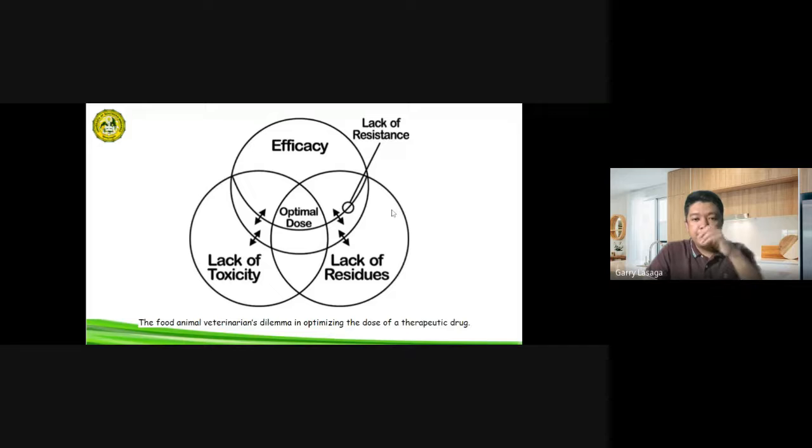So along the way, we use certain agents in order to treat different types of infections and diseases. But when we do not follow the recommendations as to the withdrawal period or withdrawal time of the different drugs, it could lead to the manifestation of antimicrobial residues in the meat, milk, and eggs.